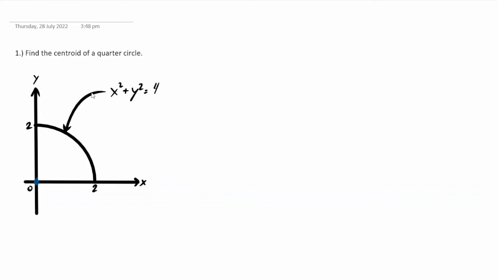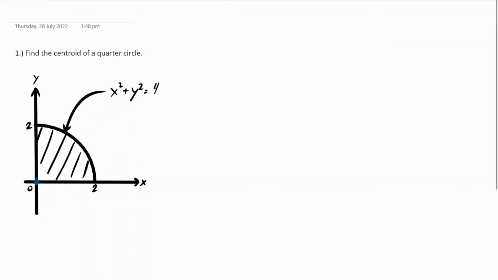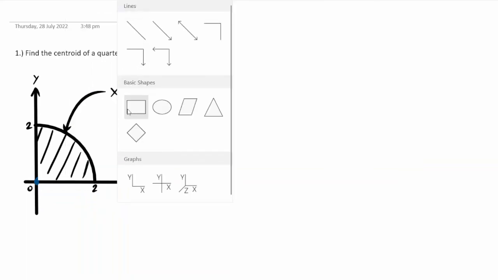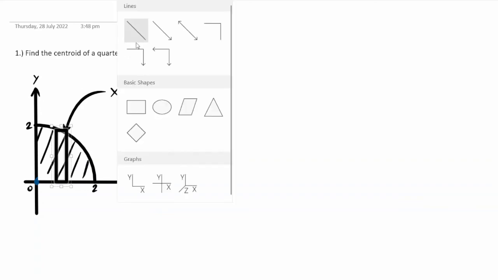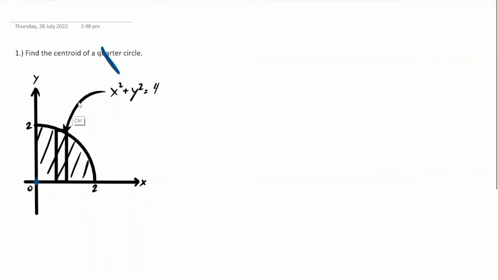Now, since we are only looking for the quarter circle, this is what we have, a quarter of a circle. Now, first off, this is our area here, and then since we're looking for the centroid, we put a strip here, and this is our centroid here.